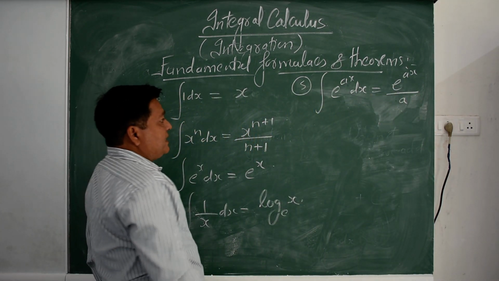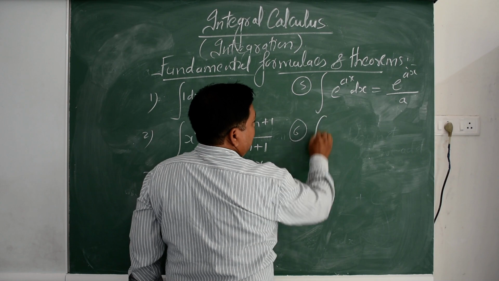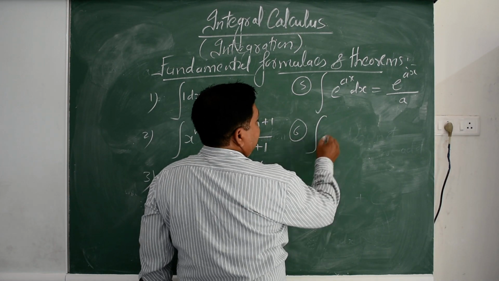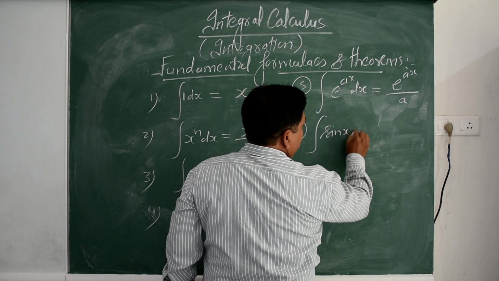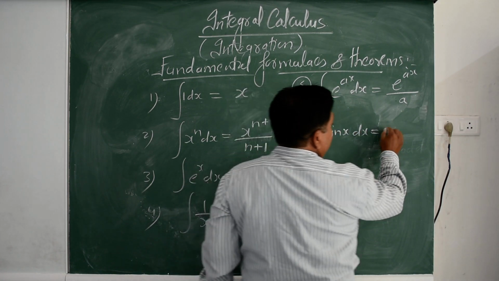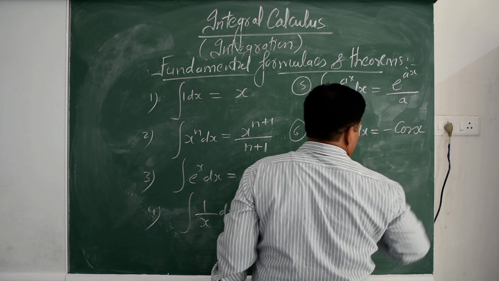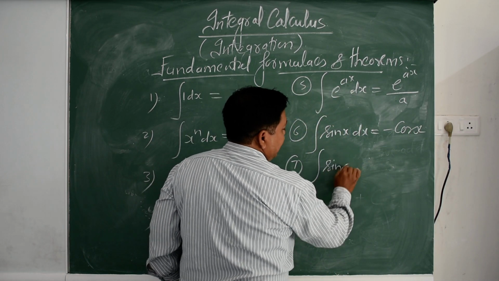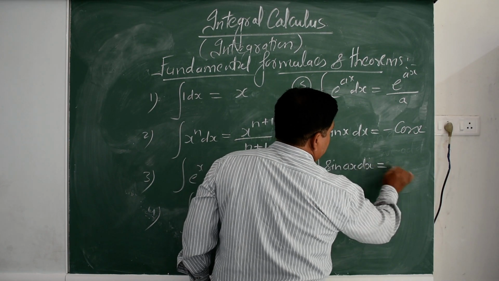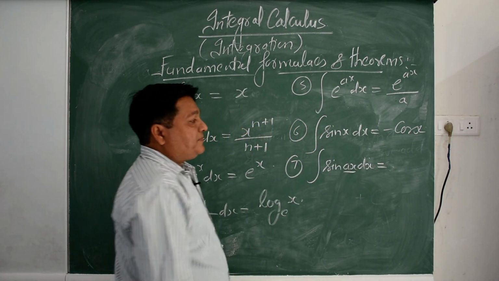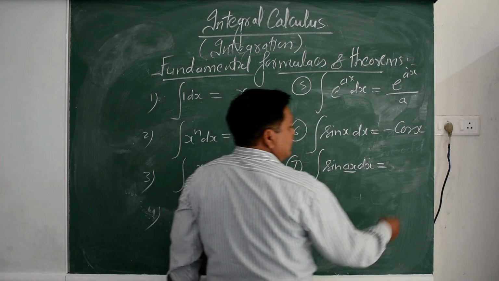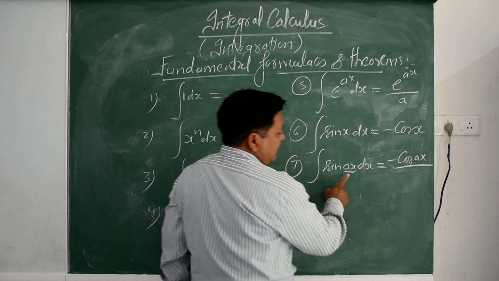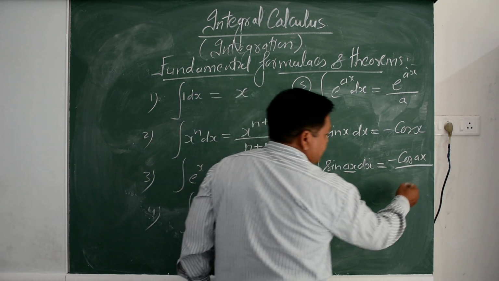Similarly, integration of sin x dx, we can say, is minus cos x. Integration of sin ax dx, again ax is there, so its integration will be minus cos ax upon the differentiation of ax with respect to x, which is a.